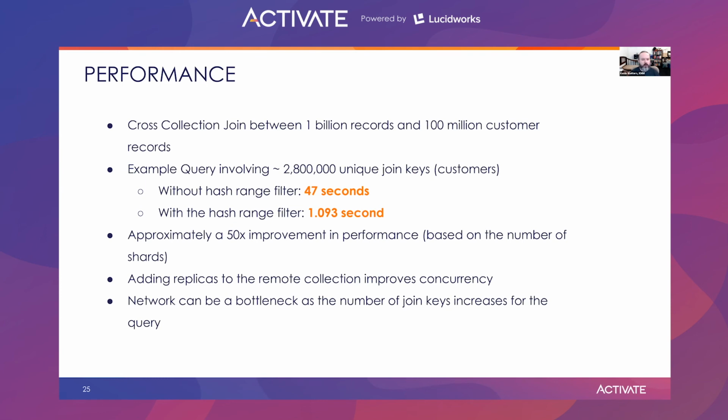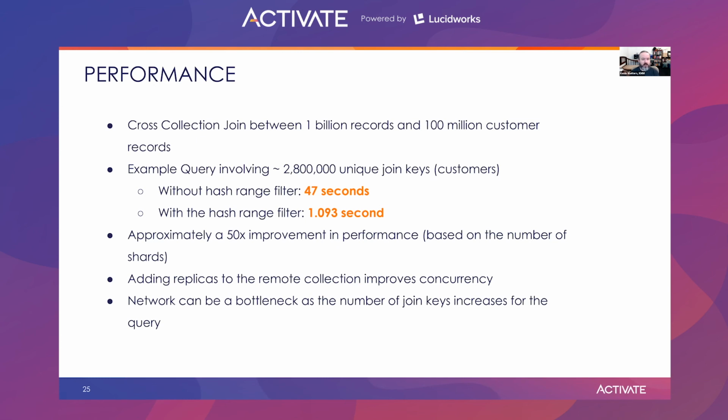And what we did without the hash range filter optimization took about 47 seconds. But as soon as we used the hash range filter optimization, these queries, which are joining a billion records to 100 million customer records, filtered down to just about 2.8 million of those customers, returned in about a second.